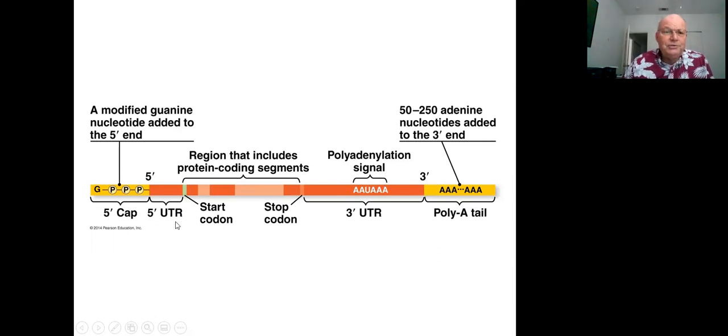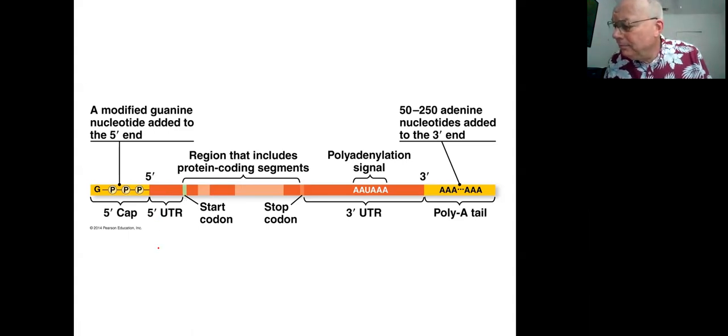But this serves to identify where the start codon is, because the start codon, the AUG that's adjacent to the 5' UTR, the ribosomes identify as the start codon. They actually lock on to the 5' UTR and orientate themselves to the AUG adjacent to the 5' UTR.